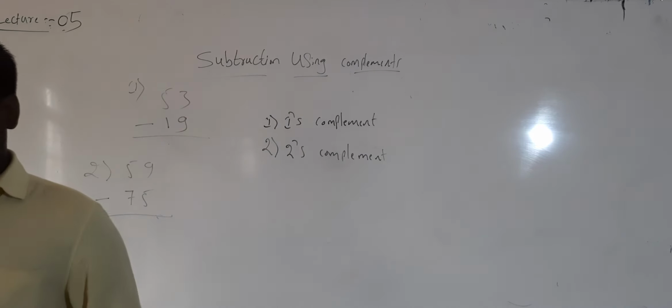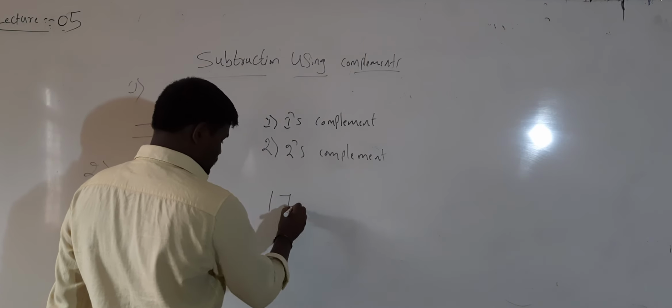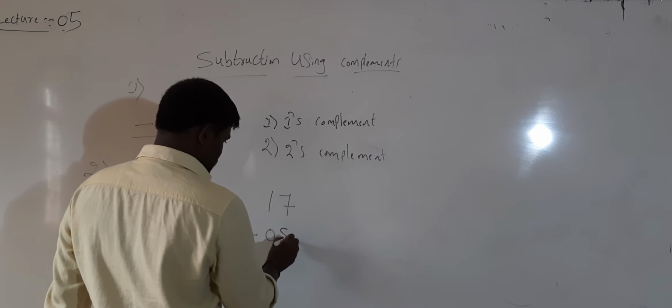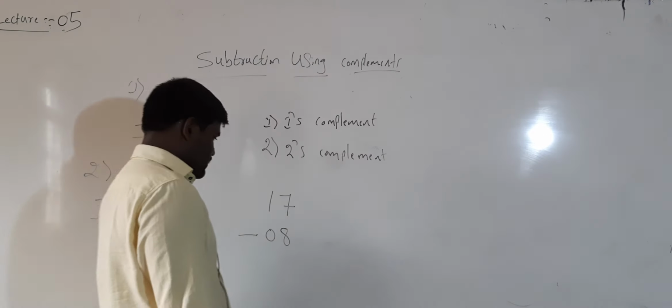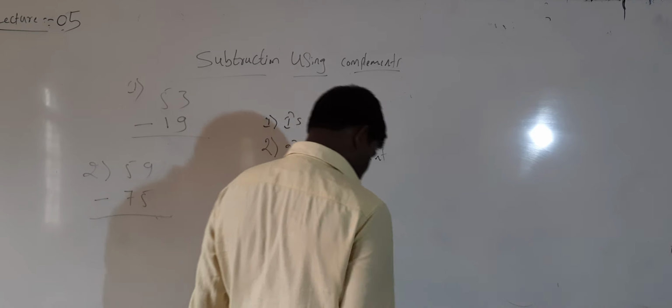See here. First we can take the example as 17 minus 8. So this is the minuend and this is the subtrahend.